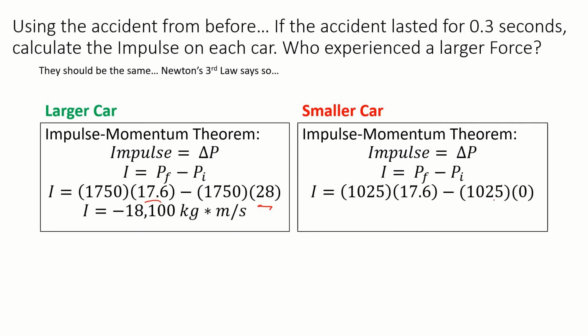Notice I've got 1,025 because initially this car was at rest, and I've got my new mass of 1,025 and its speed. They're moving at the same speed because they lock together, but notice, if you don't believe me, type it into your calculator. The large green car that was moving fast lost 1,800 units of momentum, and the small red car gained 1,800 units of momentum.